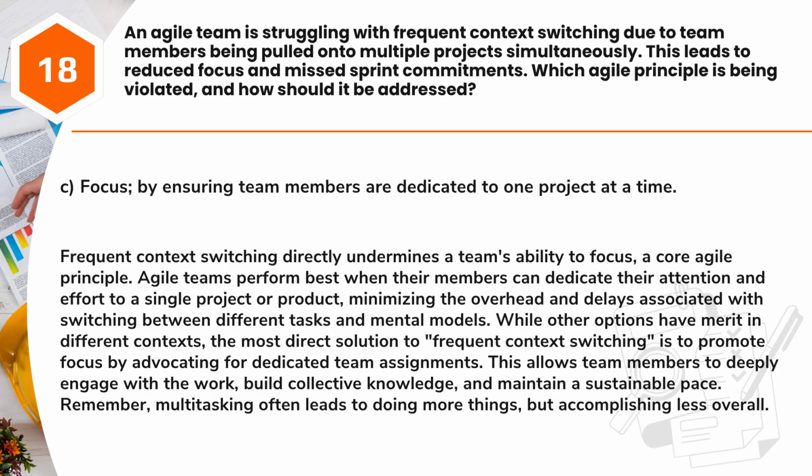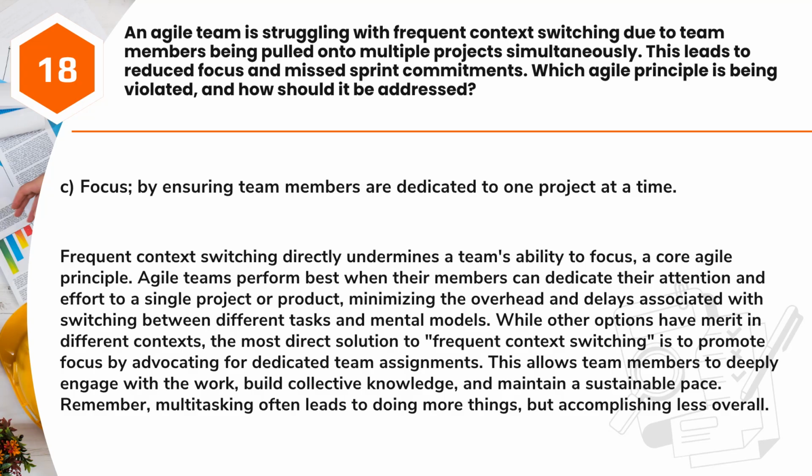Answer: C. Focus, by ensuring team members are dedicated to one project at a time. Frequent context switching directly undermines a team's ability to focus, a core Agile principle. Agile teams perform best when their members can dedicate their attention and effort to a single project or product, minimizing the overhead and delays associated with switching between different tasks and mental models.